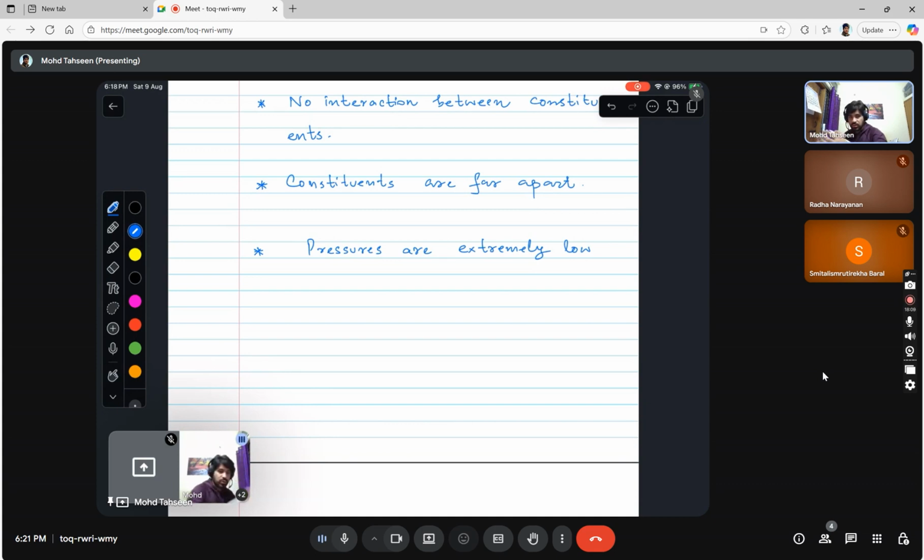So there's no pressure trying to bind the atoms or molecules together, so they can sort of move freely around. And second thing, this ideal gas behavior is valid when temperatures are high, right?